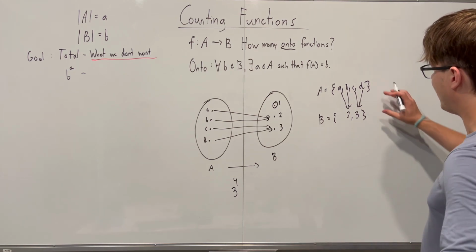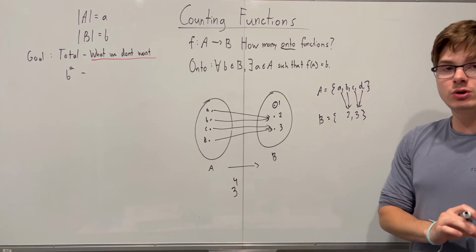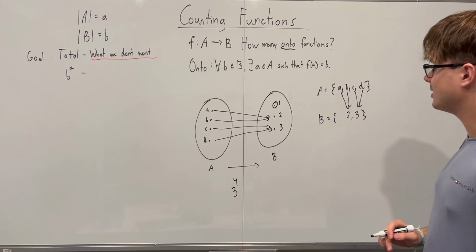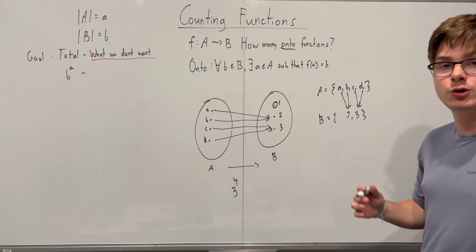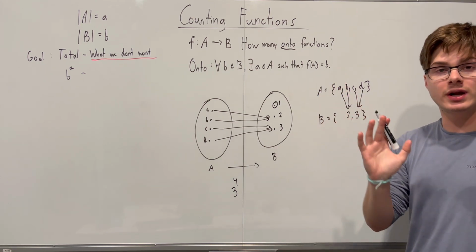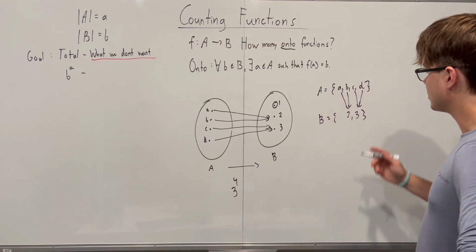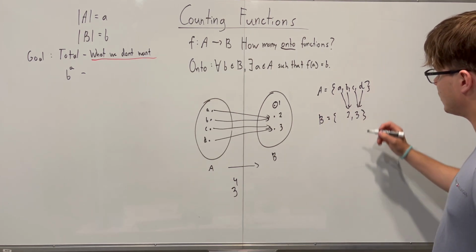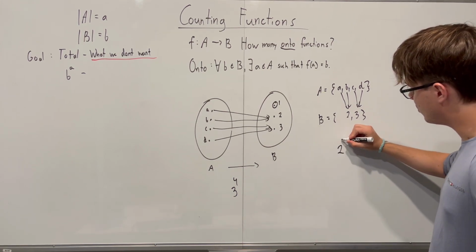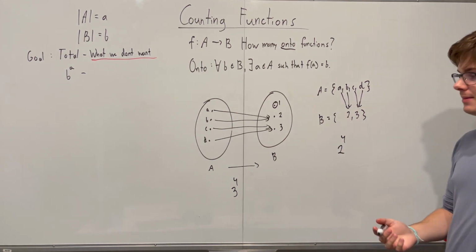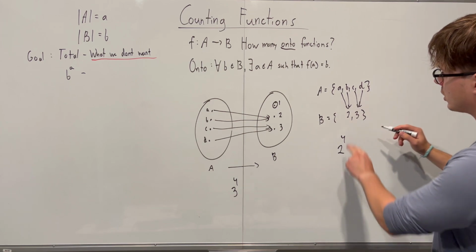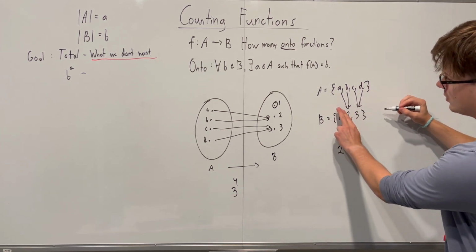And what do we find? Well, how many functions can you make where you don't have a 1? You just pretend your B, your codomain, shrank in size, and now it only contains the elements you are mapping to. So how many possible functions can you create here? Well, it's going to be 2 to the power of 4. How do I know? Because we're ignoring the 1 that used to be here.